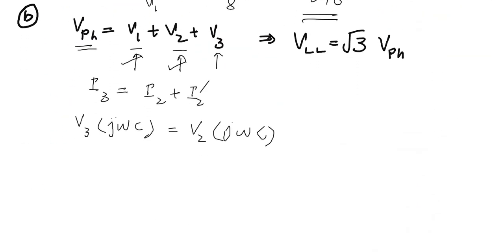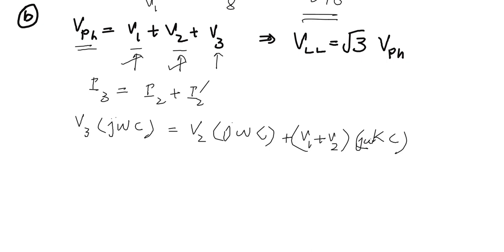So V1 plus V2 multiplied by the capacitance of the earth, which is K times C, and we also have j omega.